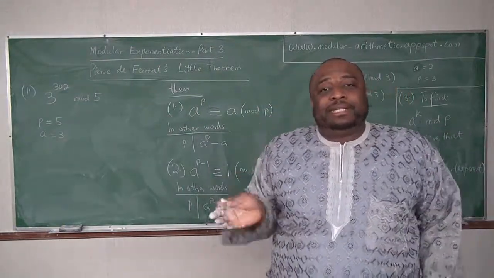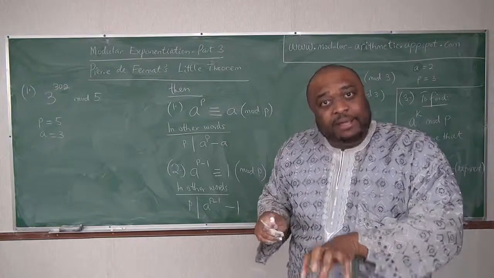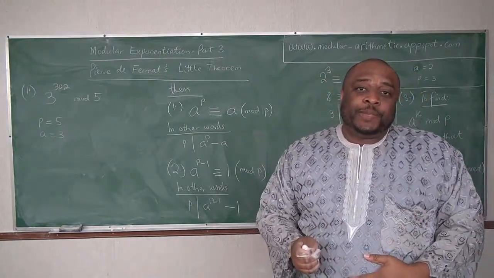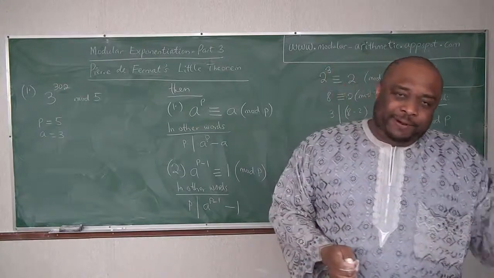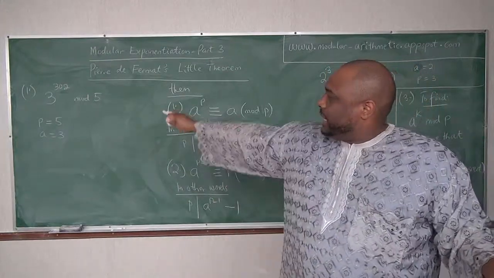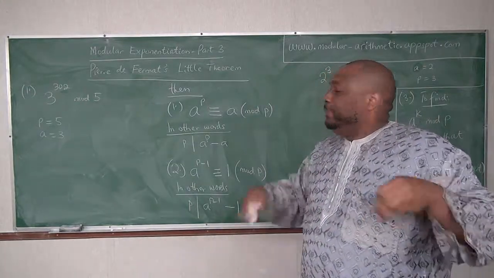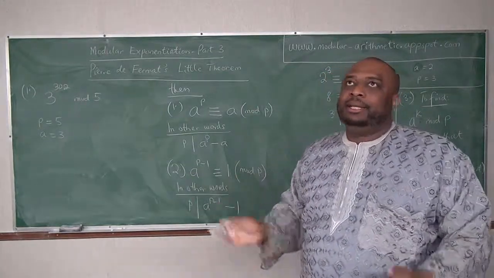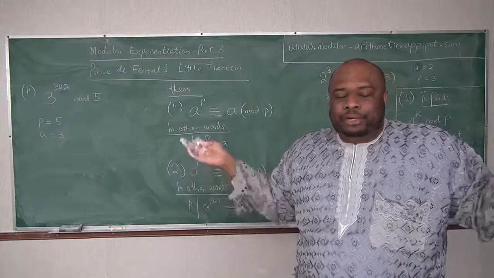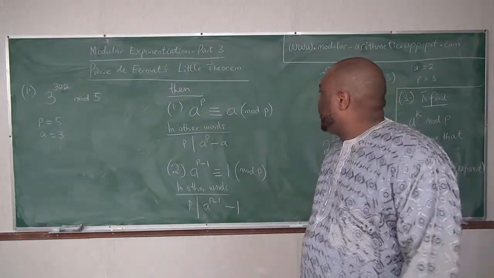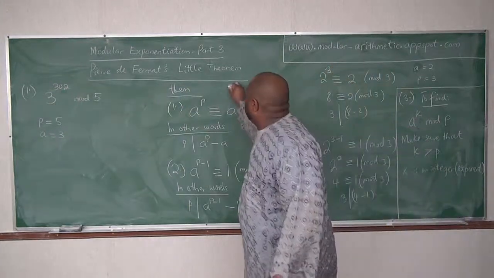So the first thing you ask yourself: is 5 a prime number? Yes, it is. Can 5 divide 3? Because the integer now is 3, the base. A is the base here.